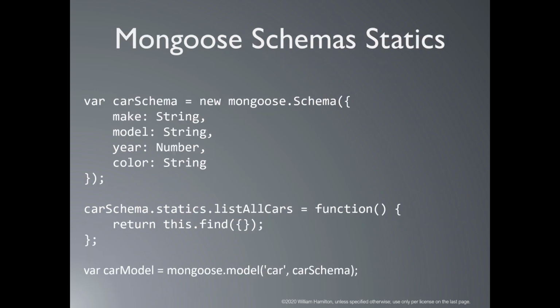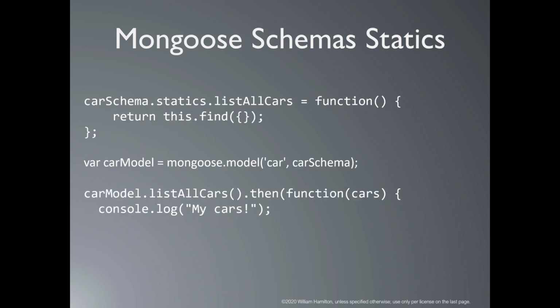Right, and I mentioned the static functions before. If I have this static function in my schema, and I instantiate the model out of it, I can call CarModel.listAllCars. That'll send this query from this function to the server.